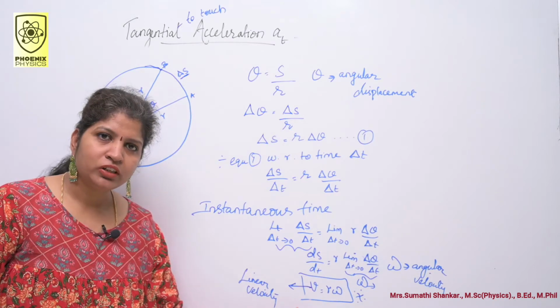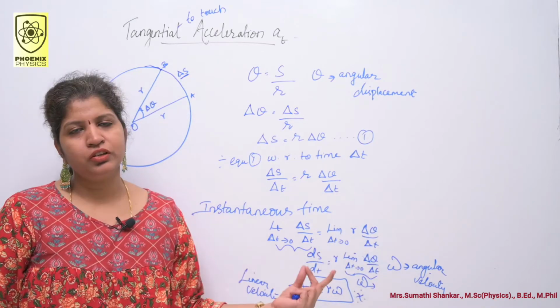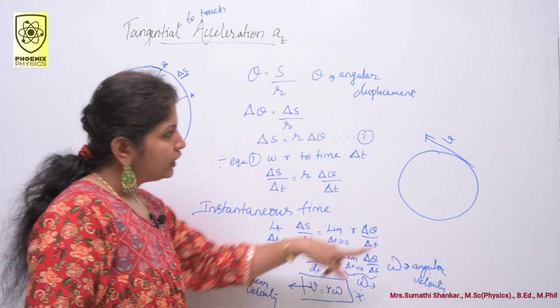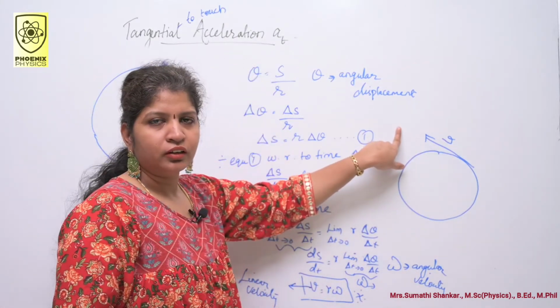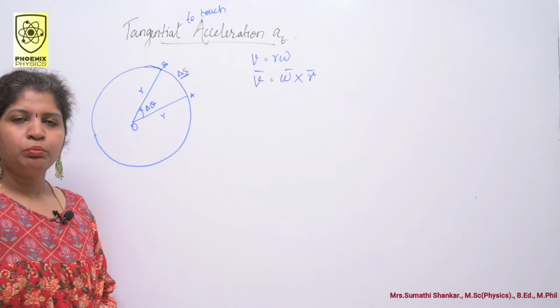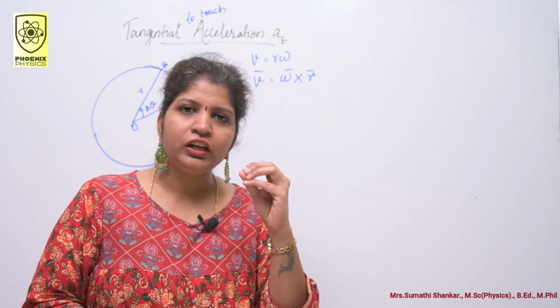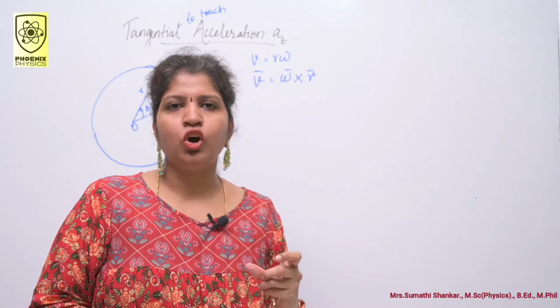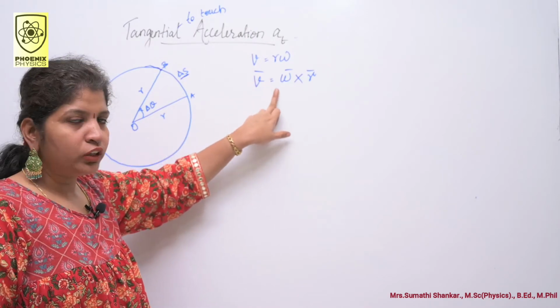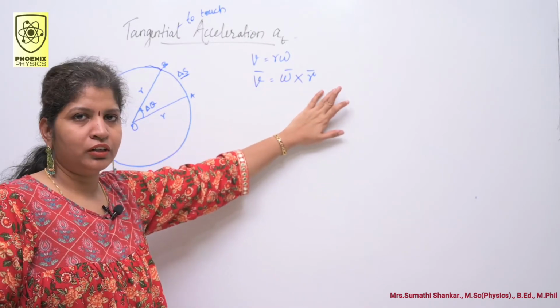The linear velocity v is tangential to the circle. As we have now derived, v is equal to r omega. Suppose you want to write v in terms of vector components, then you can write v vector is equal to omega cross r vector.